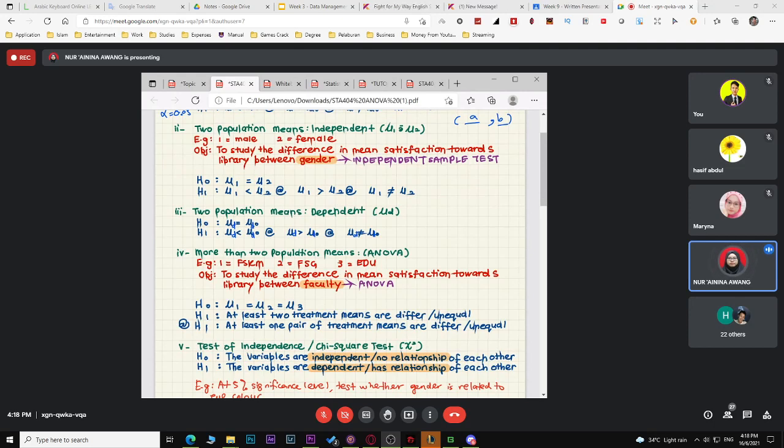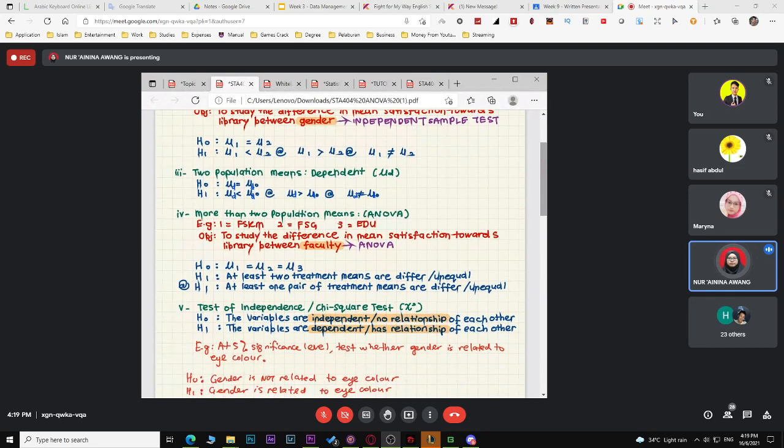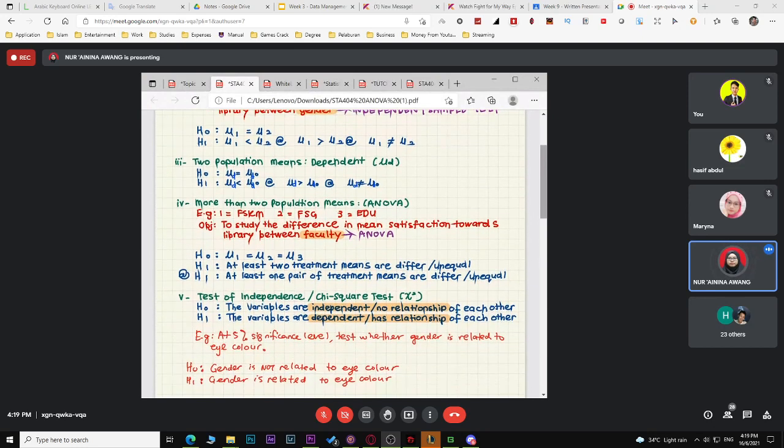In this case, we cannot use the two population means independent test, so you need to use one-way ANOVA. When you write your hypothesis, mu1 is equal to mu2 is equal to mu3, and for H1, at least one pair of treatment means differ or are unequal. That is how to answer the question for ANOVA.